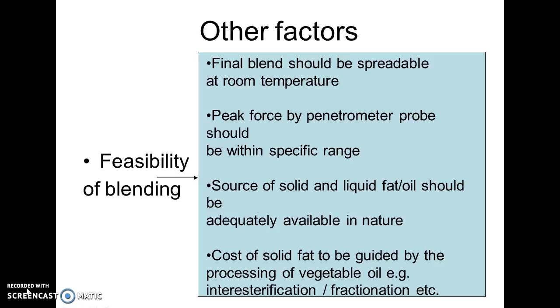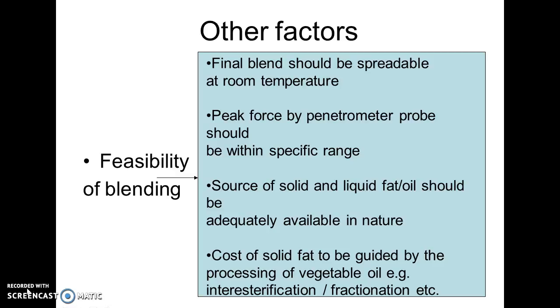That means the raw material or the ingredients' melting point should be in such a range so that after blending it comes to that plastic phase and it is spreadable at room temperature. This spreadability can be measured by the peak force by penetrometer probe in a texture meter, and the peak force should conform to a certain specific range to have a proper spreadable texture.